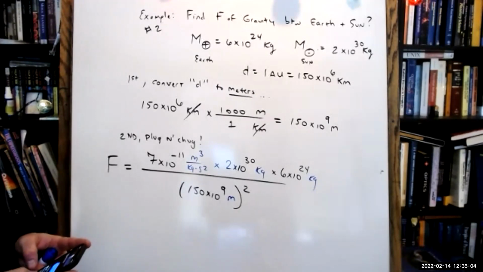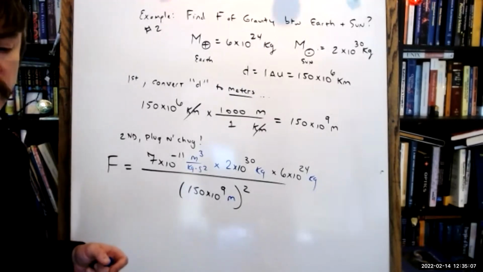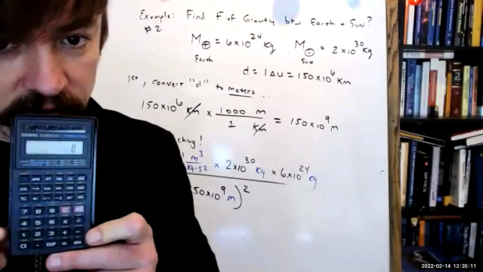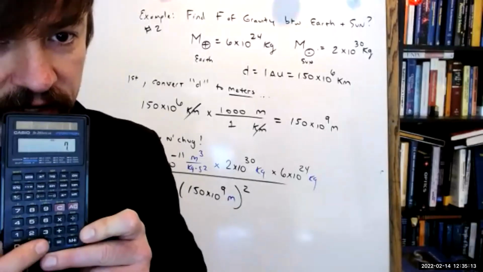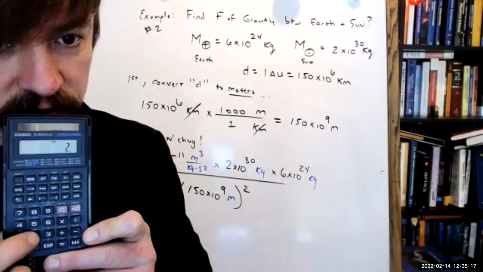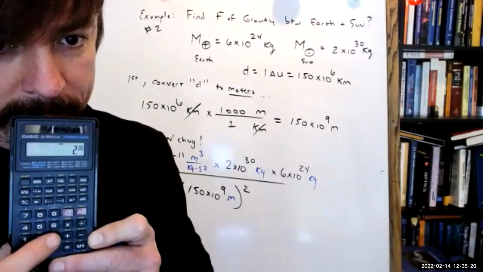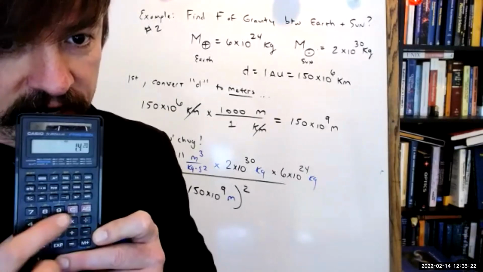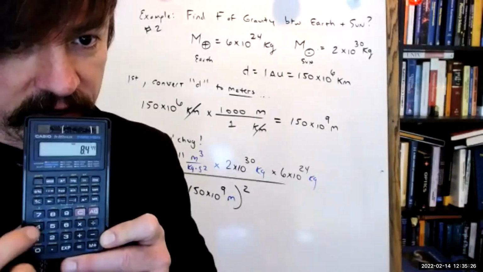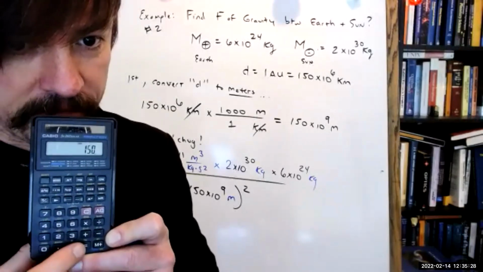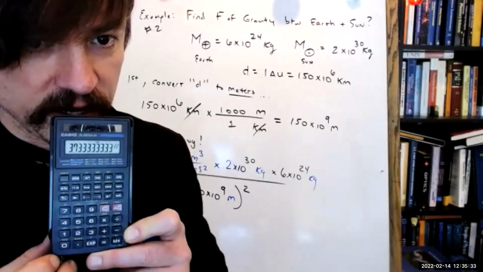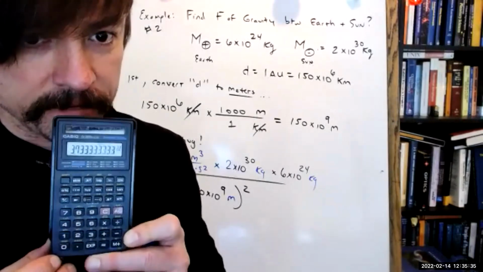4 times 10 to the 22nd newtons. That's right. Let's see how they got that, okay? So it was 7 exp negative 11 times 2 exp 30 times 6 exp 24 divided by 150 exp 9, square it, and then equals. How should I round that to 1 sig fig?